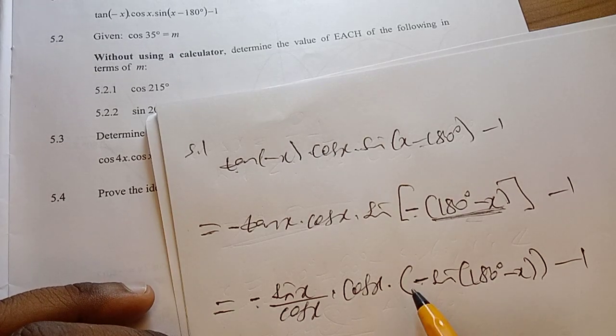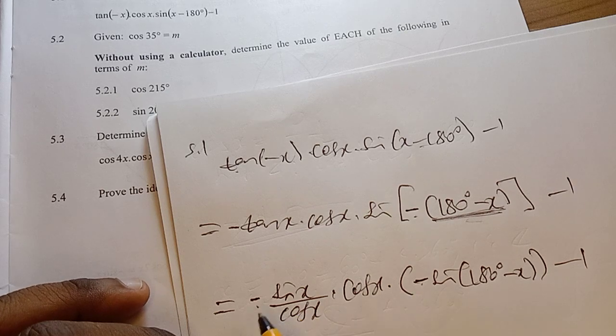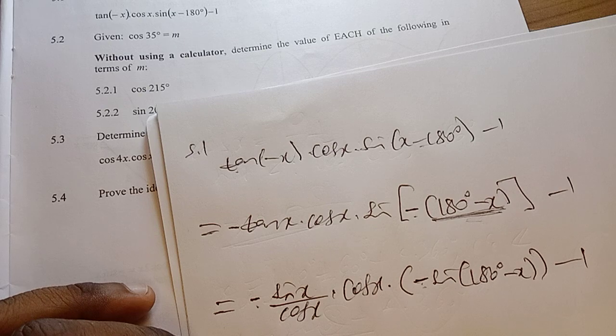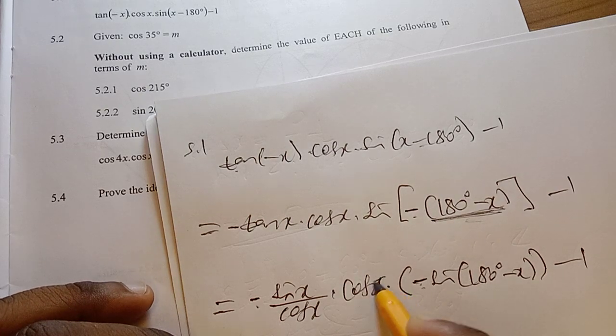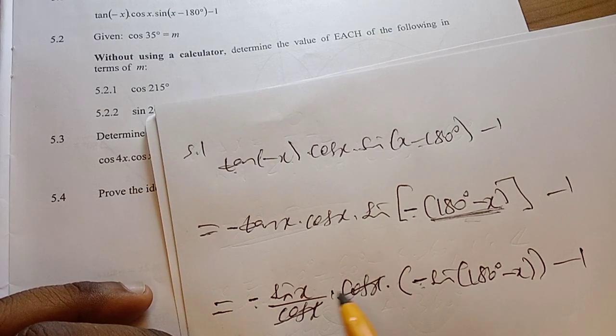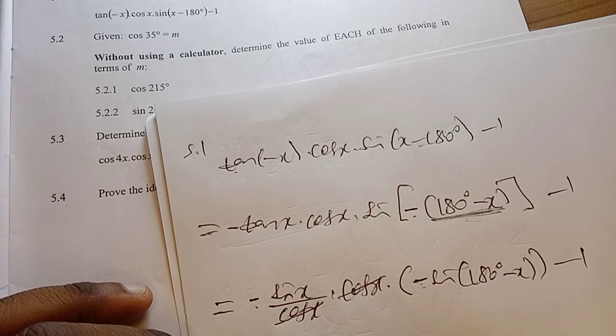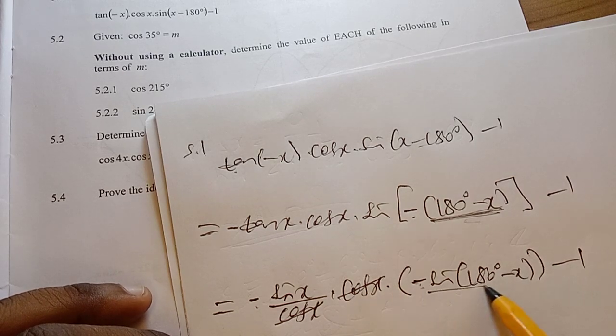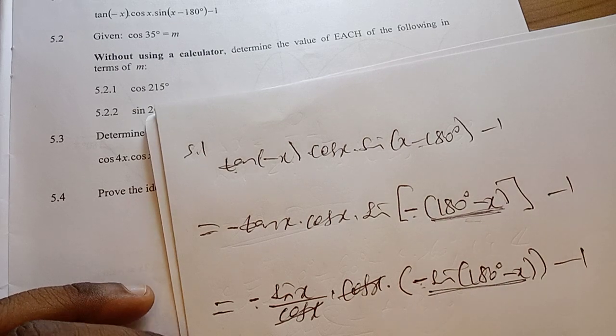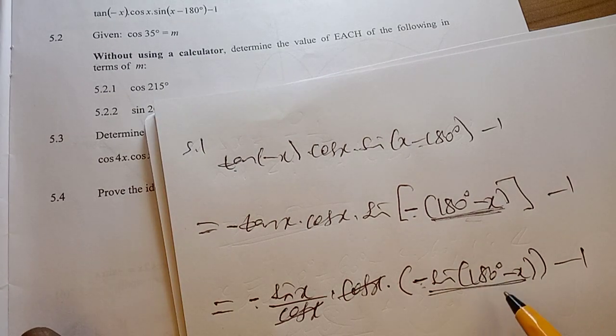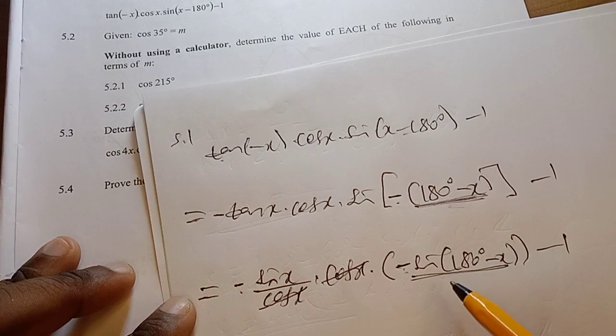Remember, in any multiplication the position doesn't matter. This thing here is just multiplying, that's why I'm saying this one can multiply that one. Then this cosine can divide this one because they are multiplying here. Then I remain with positive sin here. Since I got this, I want to reduce it. 180° minus x, which quadrant is that one? It is the second quadrant.